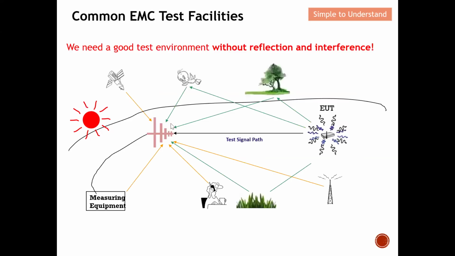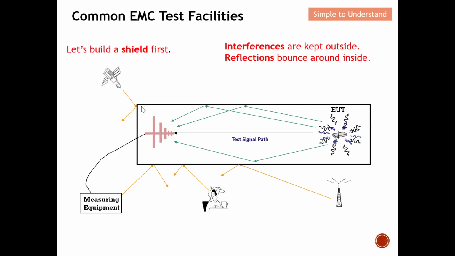So in order to have a good test environment without reflection and interference, what we need to do is have a chamber. Once we have this chamber, whatever interference there is will not be able to come in. This is a key thing.